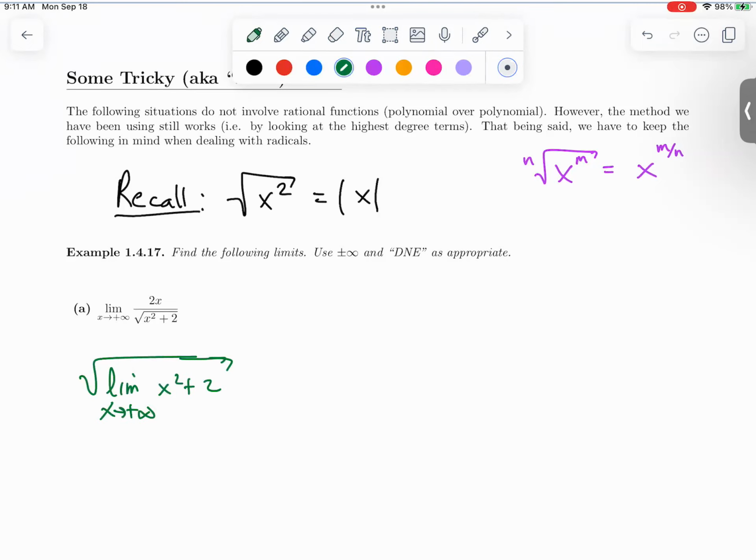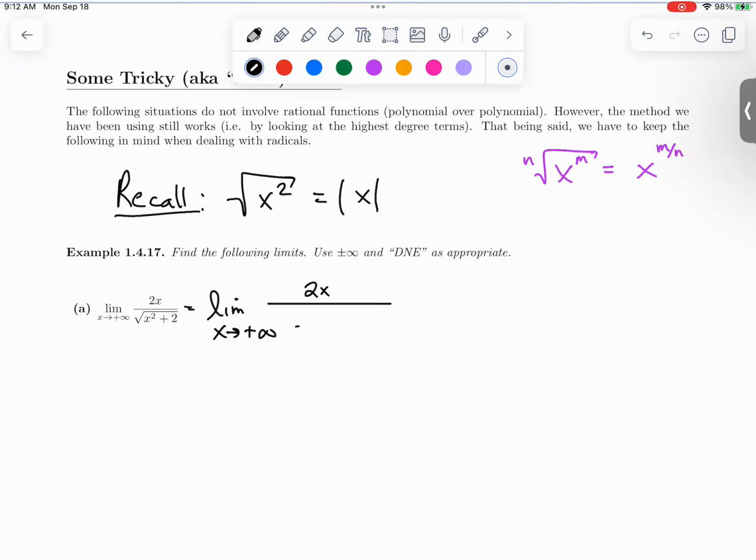The idea here is that this is taking the limit of a polynomial, so all the smaller power stuff doesn't matter. The +2 is irrelevant when you're looking at the face of infinity. Infinity is so much larger than 2, it doesn't matter. So we can just rewrite this as the limit as x approaches positive infinity of 2x over the square root of x squared.